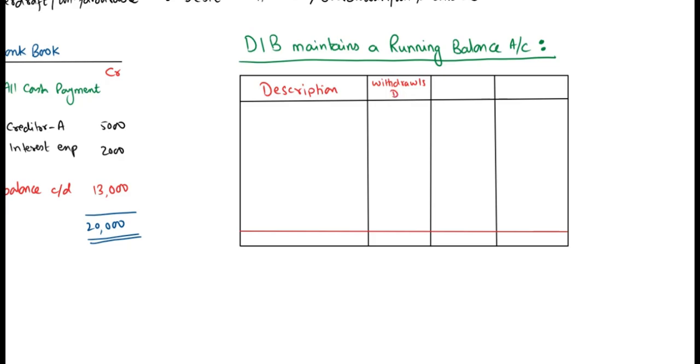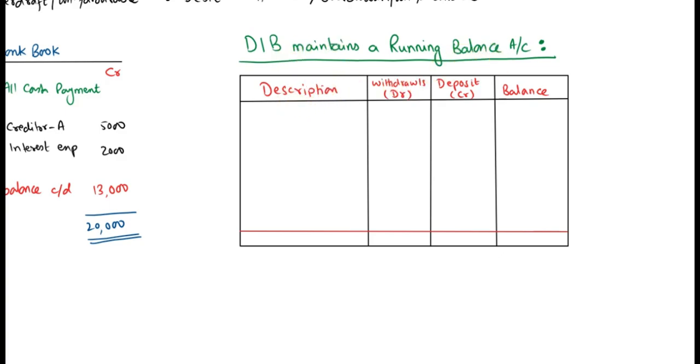Withdrawal means debit, and here is the cash deposit, and deposit means credit, and here is the balance.